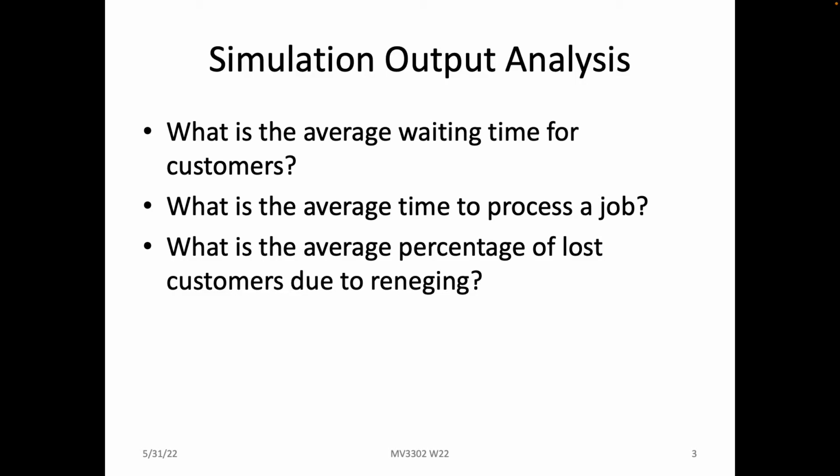Okay, so for any given model, there are going to be a number of different measures that the model is capable of producing. Now, what you should have a sense of by now is that in these discrete event models, there are things which don't change, and those we called parameters, and there are things that do change.